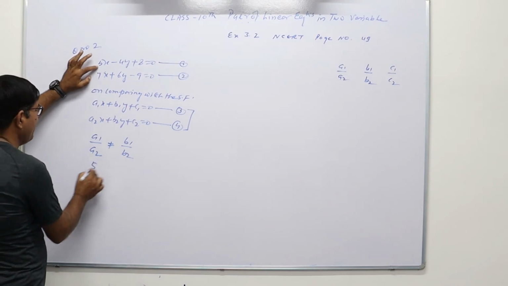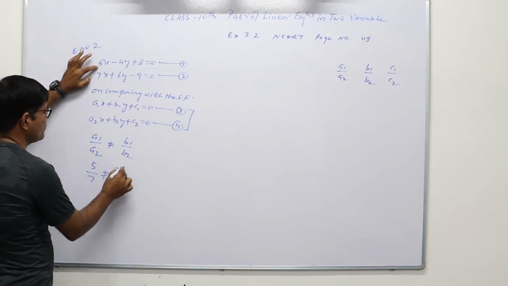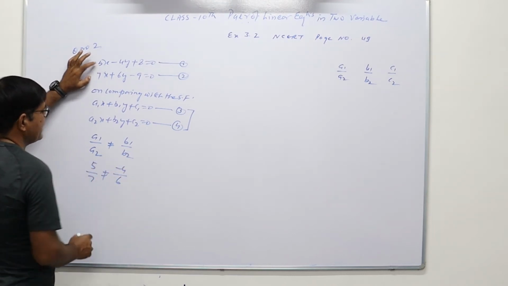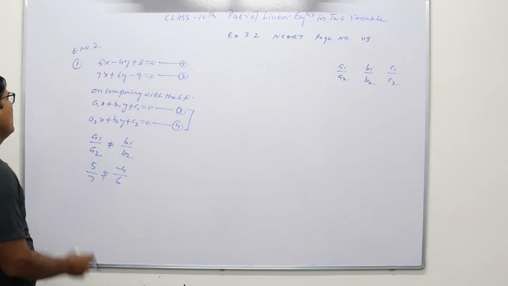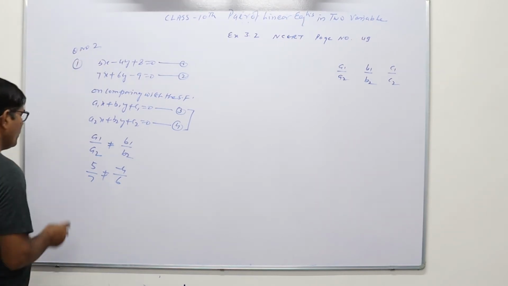How? 5 upon 7 is not equals to minus 4 upon 6. So a1 upon a2 not equals to b1 upon b2.